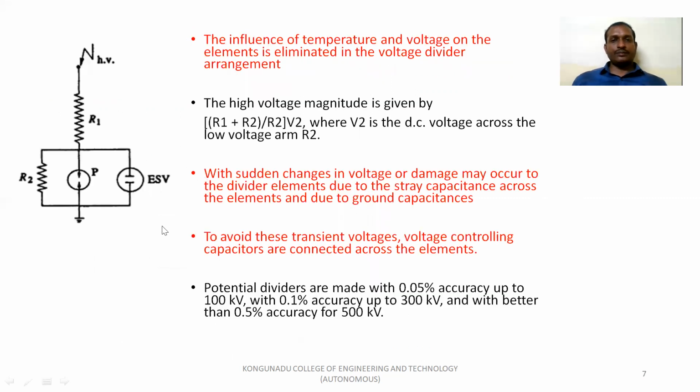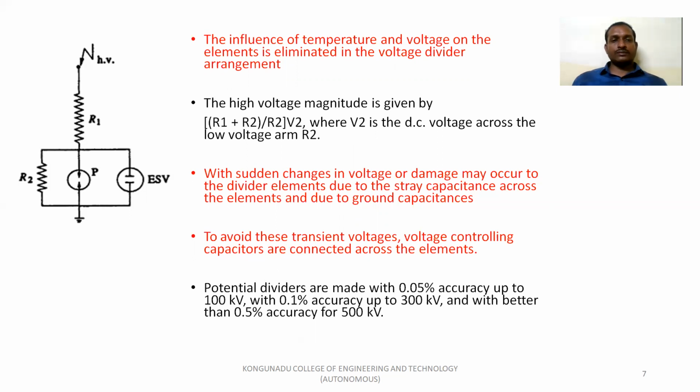The influence of temperature and voltage on the elements is eliminated in the voltage divider arrangement. In the previous series meter method, the temperature affects the performance. In this case, the influence of temperature and voltage on the elements is eliminated. With the help of this formula, the high voltage magnitude is given by V is equal to (R1 plus R2) divided by R2, into V2.